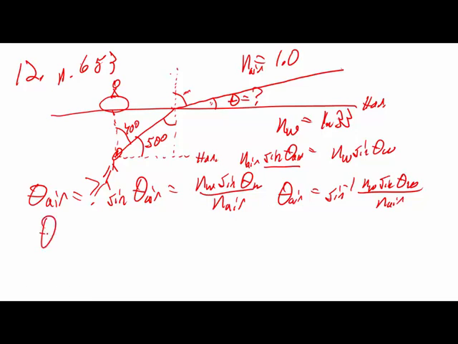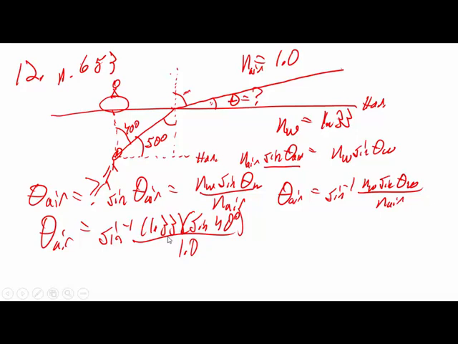So let's come over here and plug it in. All right, so now we've got arc sine or inverse sine of what? Well, the n of the water was 1.33, so we've got 1.33 times what? The sine of 40 degrees. You say, where'd you get that? Look right here, y'all. If the angle with the horizontal of the diver that he's seeing is 50, then the angle from the normal has to be 40, because you've got to get 90 degrees when you add them together. And then of course the next part's easy because it's 1, because the index of refraction of air is 1.